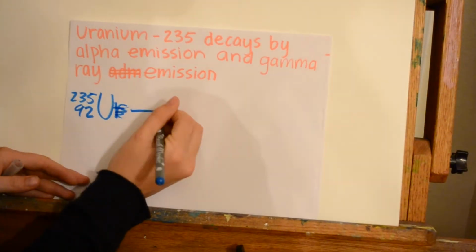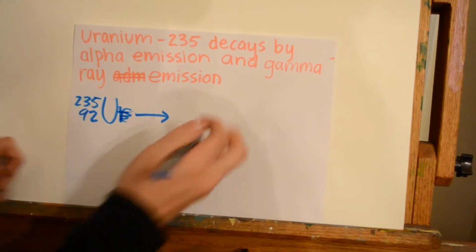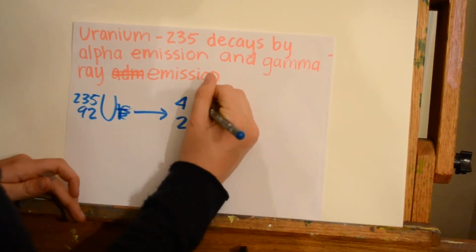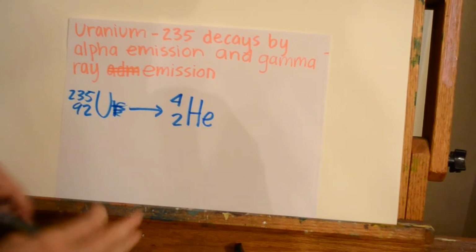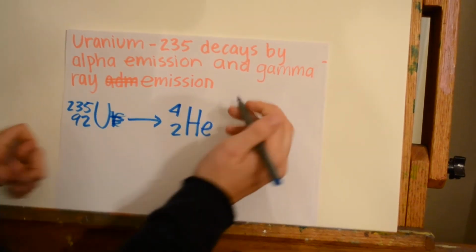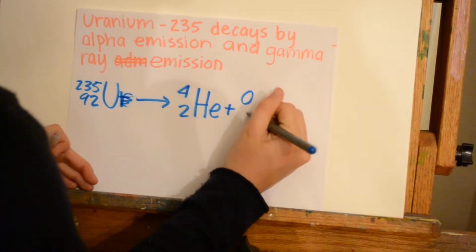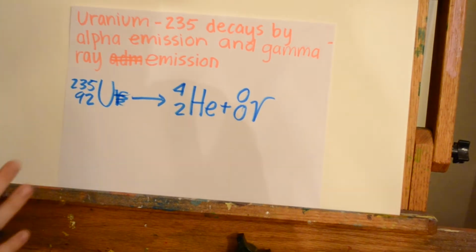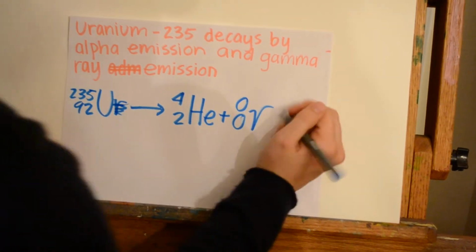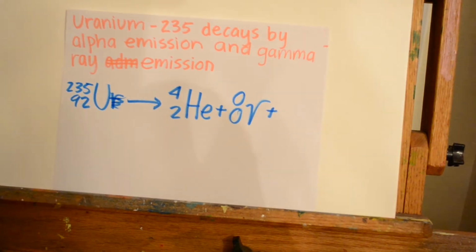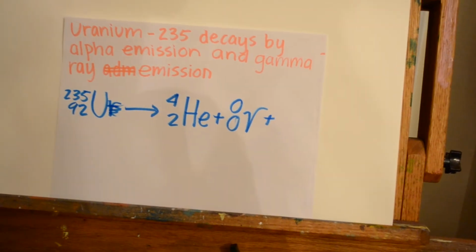And that yields alpha emission, which we know is 4,2 He, and a gamma ray, which is just 0, 0, and then the gamma ray symbol. And then we also have to find the element. It's just like the two problems that we did before.